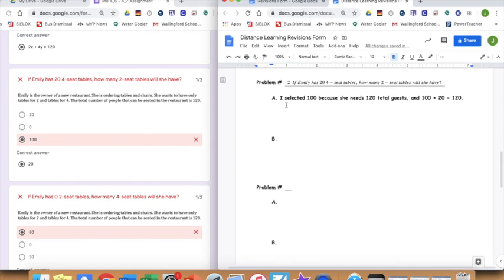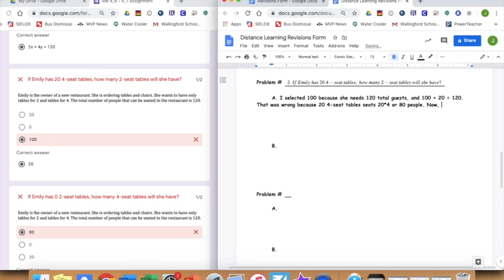But really, the problem is that was wrong because she has 24-seat tables, and 24-seat tables seats 20 times 4 people. So that seats 80 people. All right.